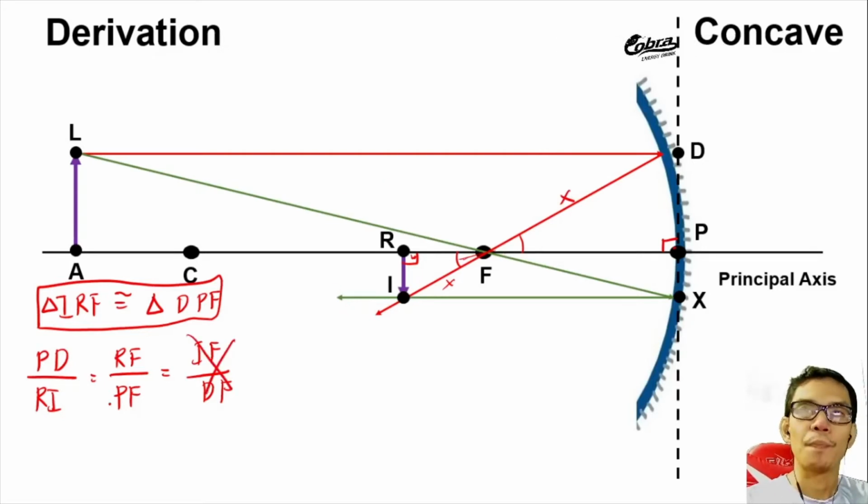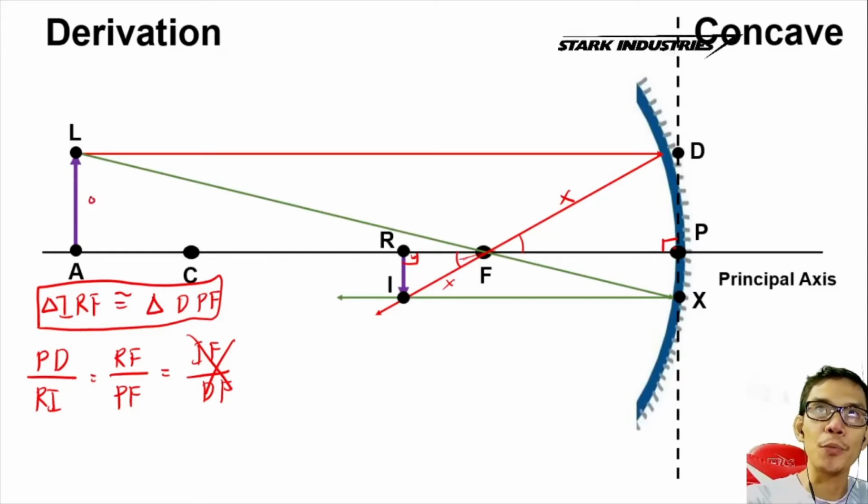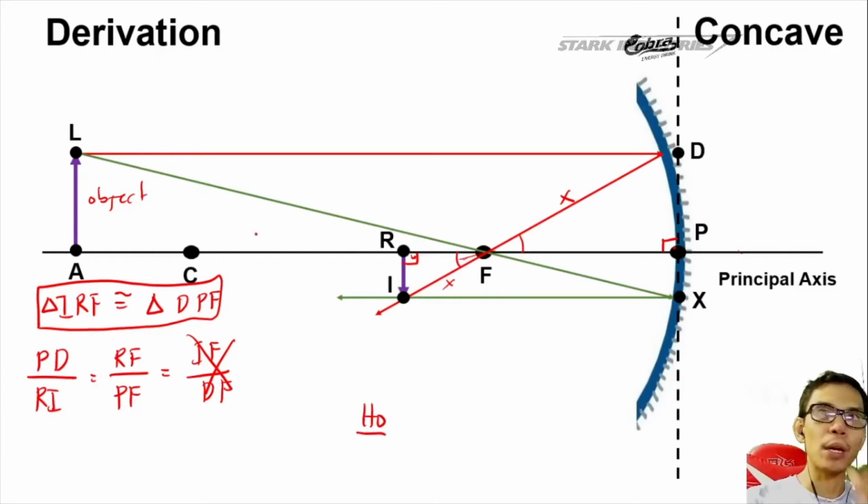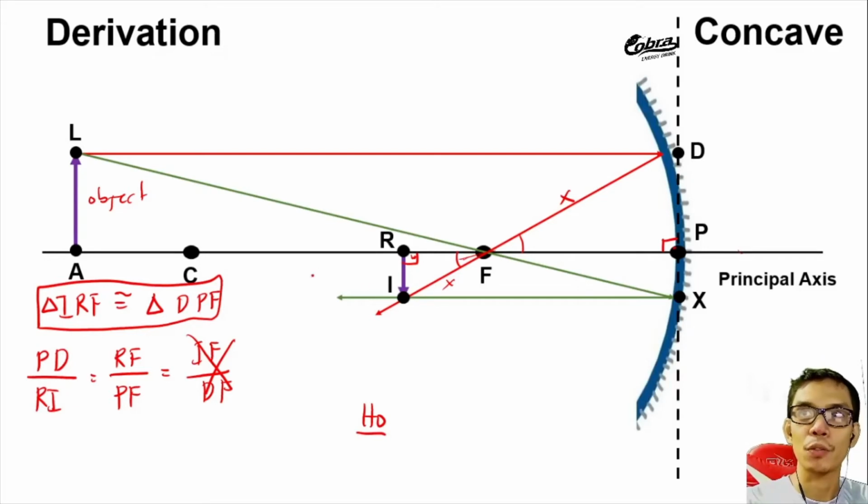Let's start first with PD. If we trace PD over here, this is again your object, and PD is the height of the object. Next, how about RI? RI is the height of the image. Again, this is your image.